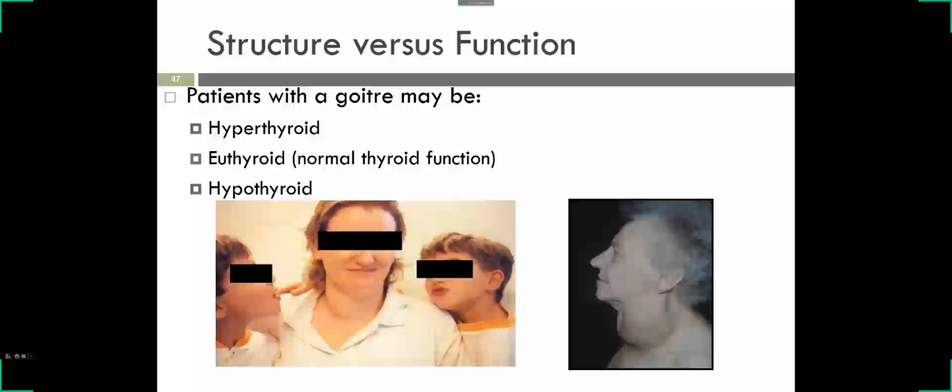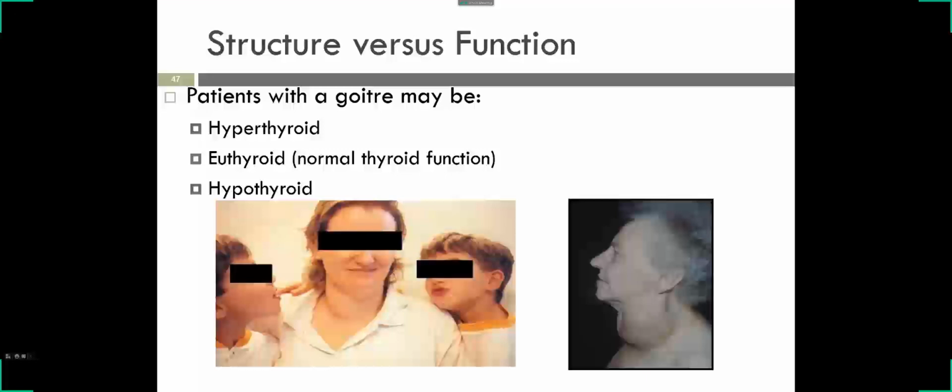Hashimoto's thyroiditis is a more common cause of goiter formation, especially in the U.S. This is an autoimmune condition in which there's a destruction of the thyroid gland by one's own immune system. We'll talk about how that works. This causes enlargement as the gland becomes more and more damaged.